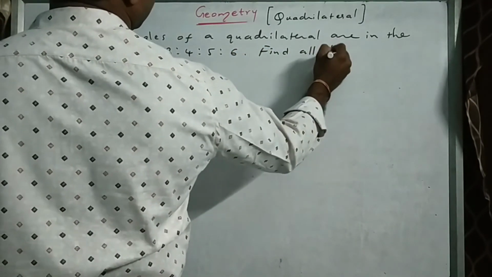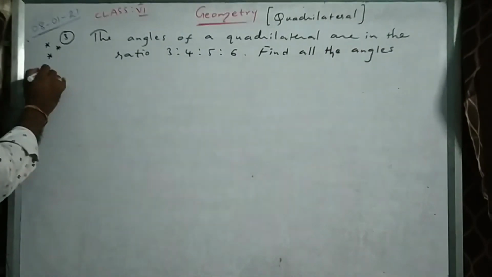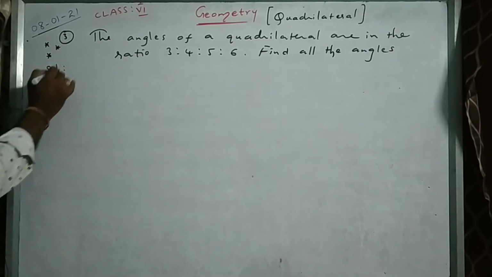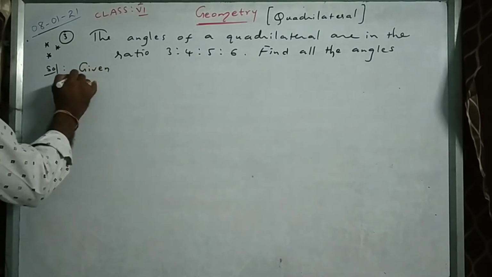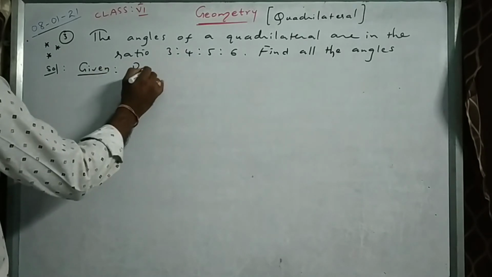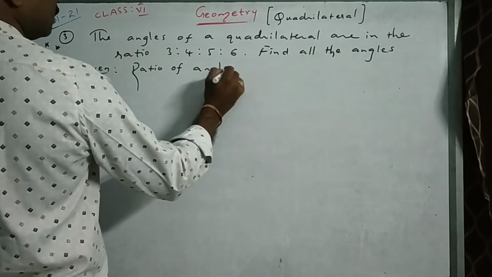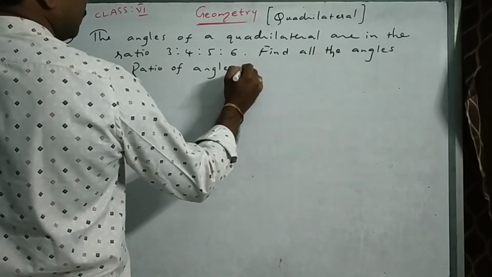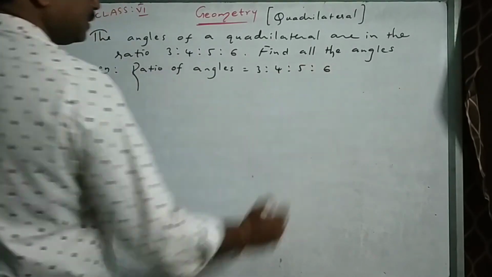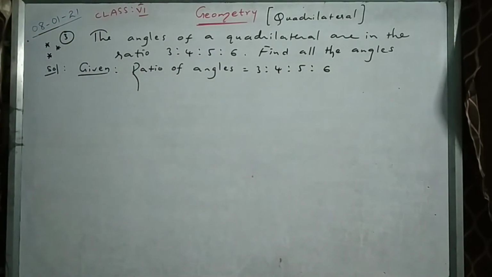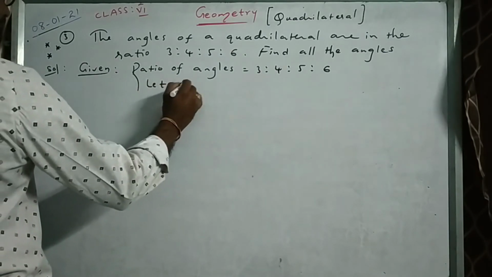What is given here? Ratio of angles, 3:4:5:6. Simple, remember that.